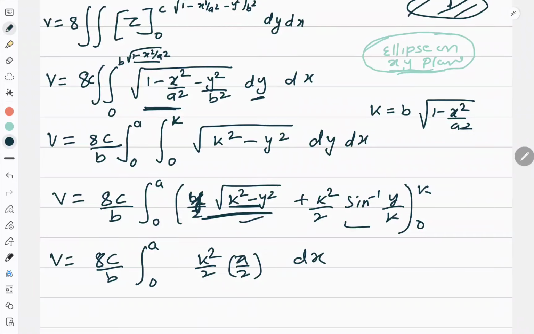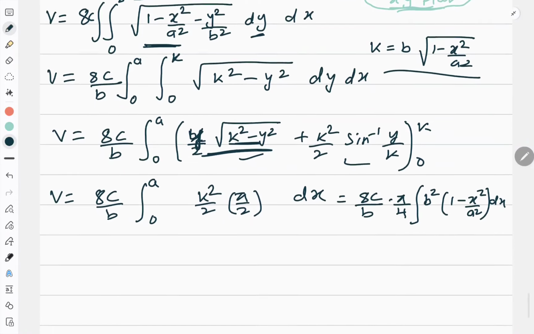Right, now I should put the value of k here. So I'll have 8c/b, and I'll put the limit, this π/4 also I can take out. Integral, now I am left with only k². So k² is what? b²(1 − x²/a²) dx.